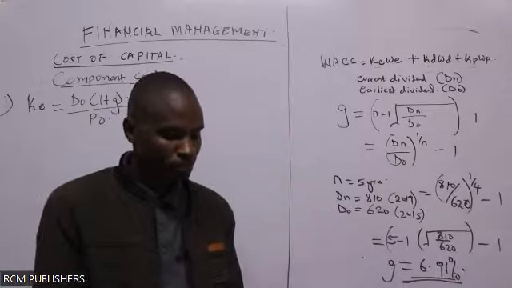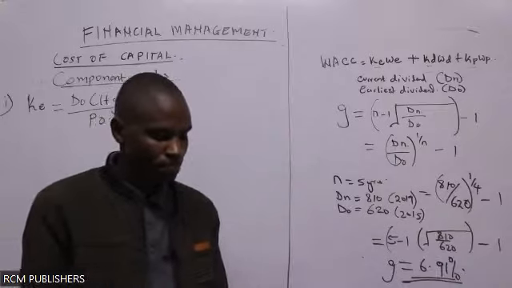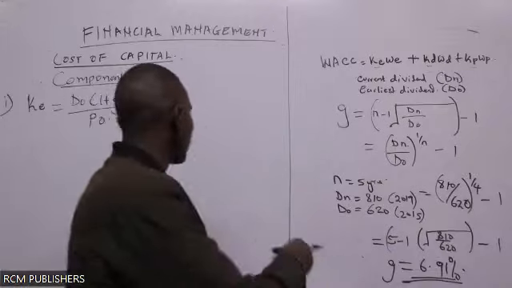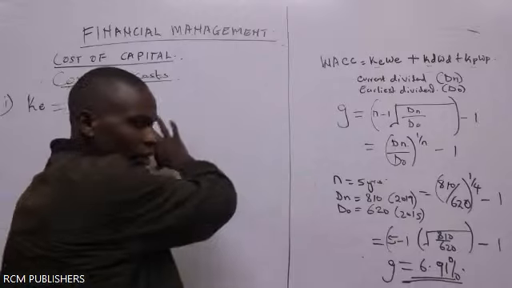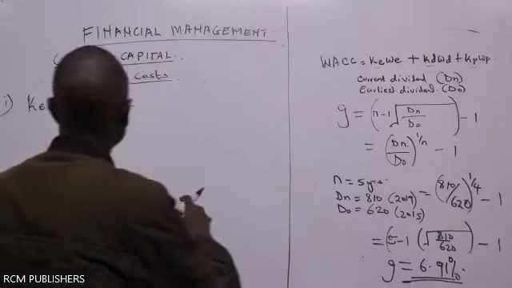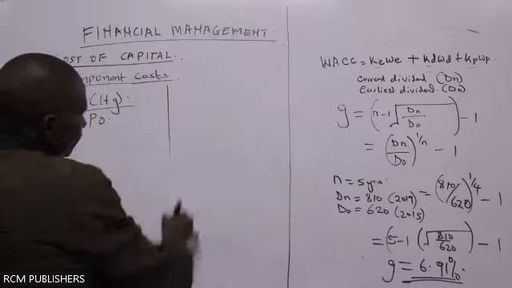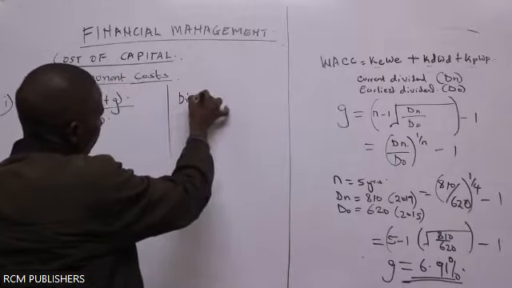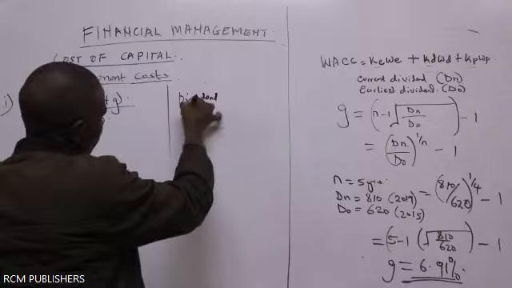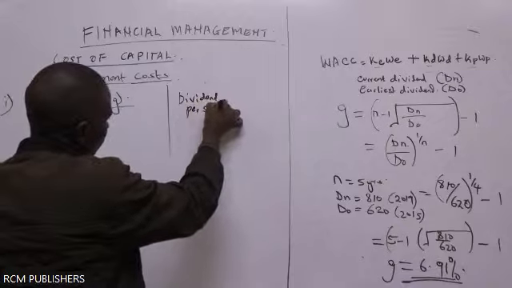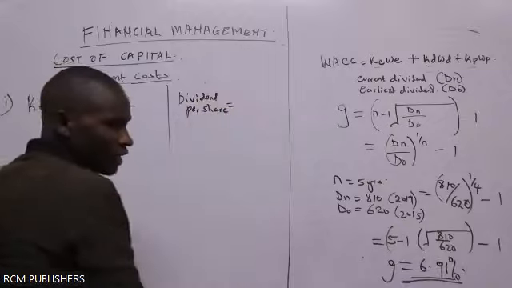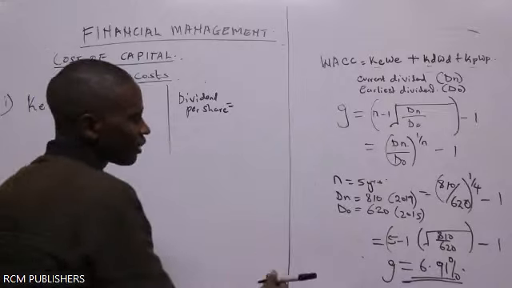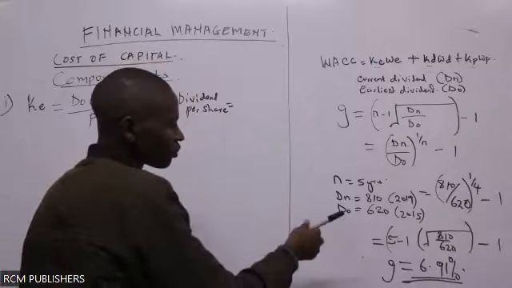Dividend per share. Because I need now to get the dividend per share. That will be my DO. Who's giving me this dividend per share? I know that I have the dividend that was paid.